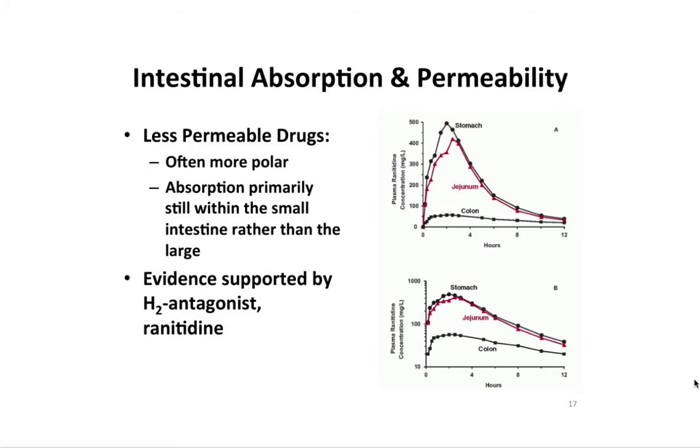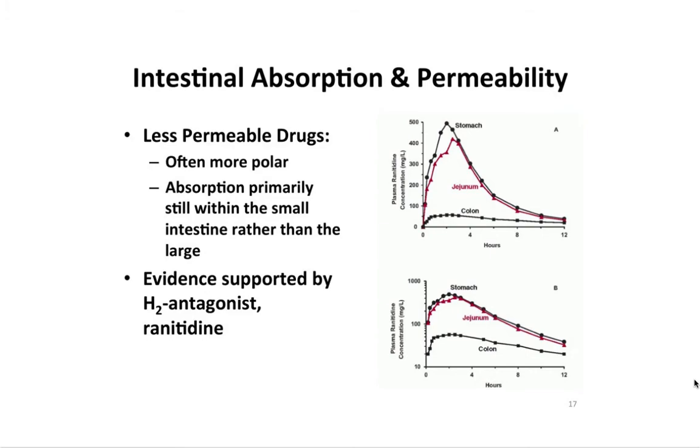Now, intestinal absorption and permeability of less permeable drugs. Often, these less permeable drugs are more polar, and in such instances, absorption will still occur primarily from the small intestine rather than the large intestine, as shown in the diagram.